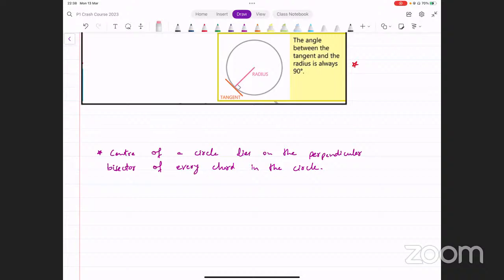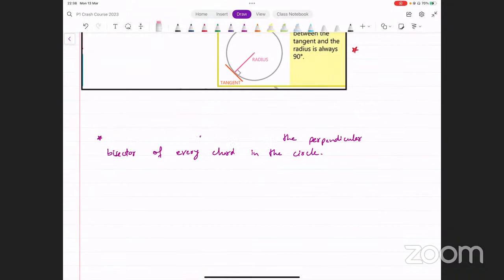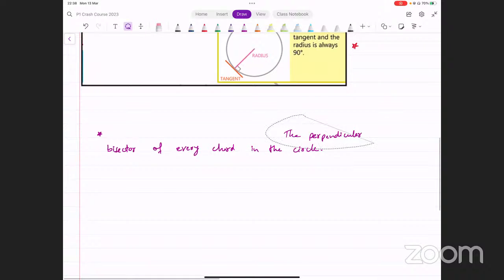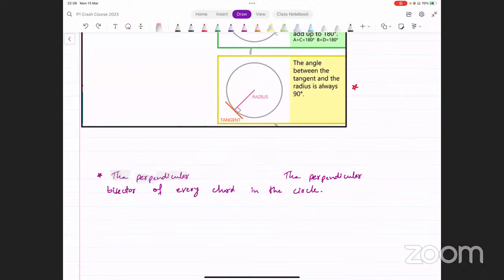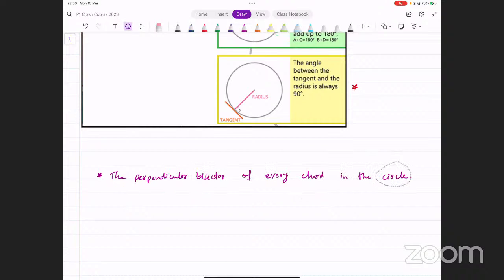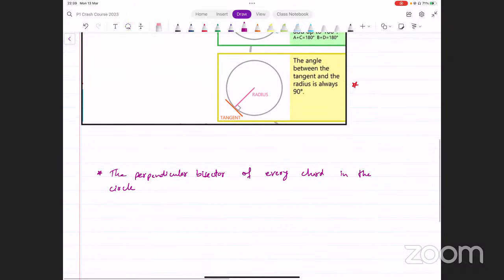Okay. Or you also think of it another way, you could say the perpendicular bisector of every chord in the circle passes through the center of the circle.